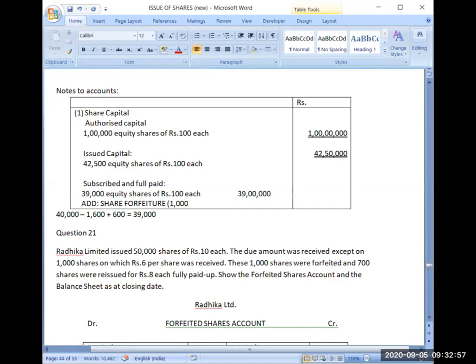So that's why forfeiture account will be having only balance for 1,000 shares now, because they have not been reissued.